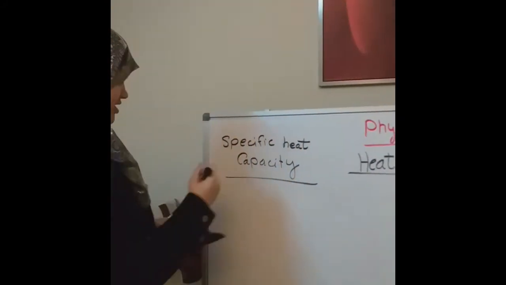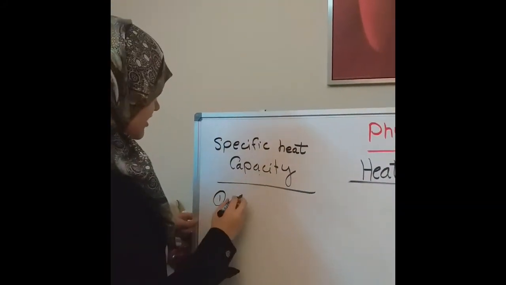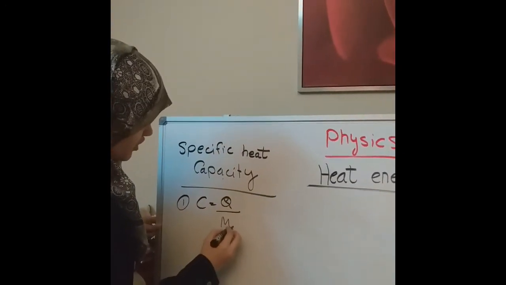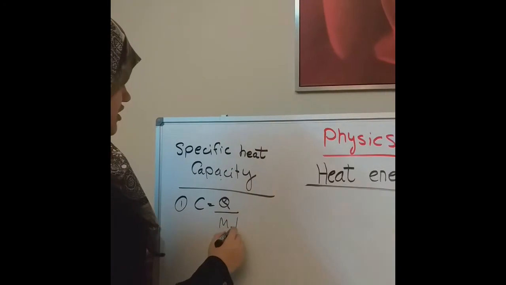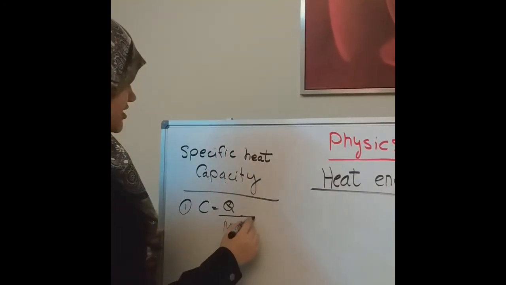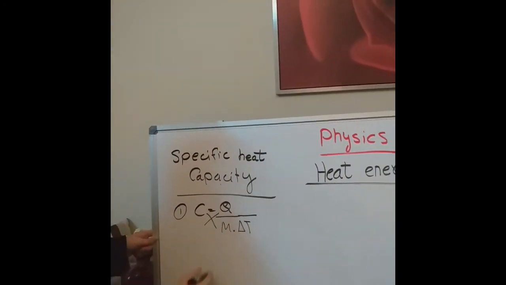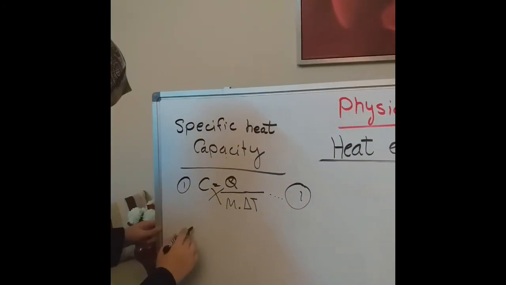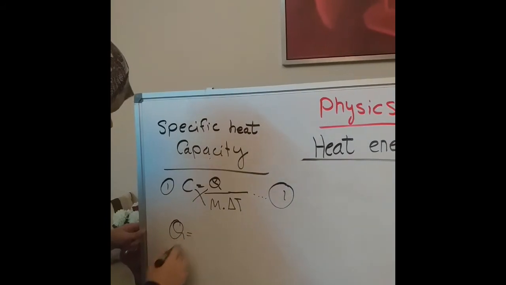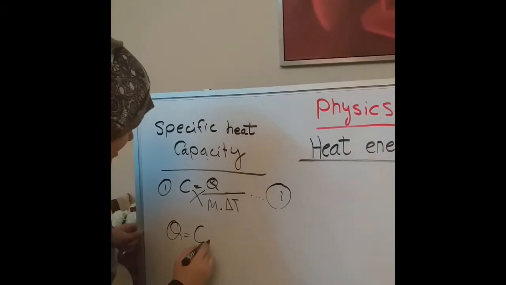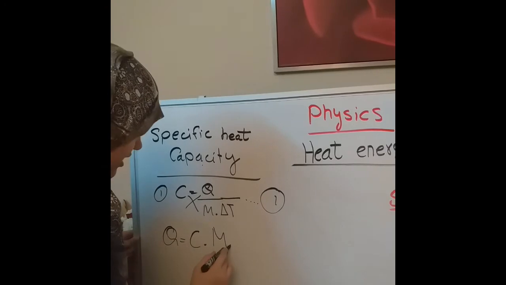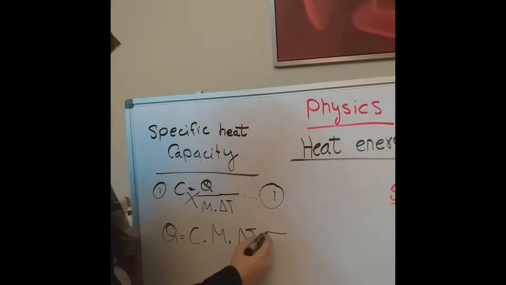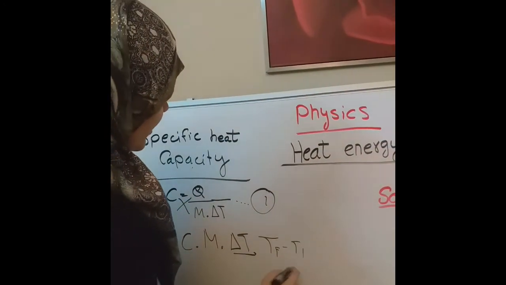The first formula is C equal to Q over m times the change of T. The second formula, after we use the crisscross, will be Q equal to C times mass times the change of T, which means Tf minus Ti.